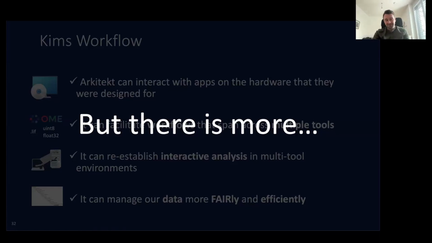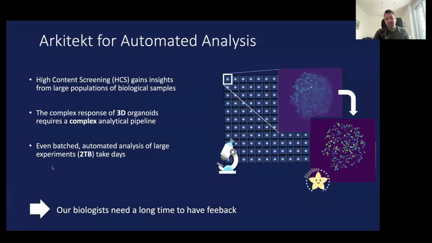But there is more. We actually established, and that's something that we go into in the paper, but if you have questions, I can also skip this part, but it illustrates a bit of the abilities of Arkitekt. For example, we have this high content screening approach where we have these large populations of biological samples, and we want to monitor them in an automated pipeline.